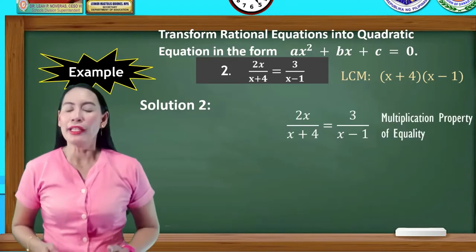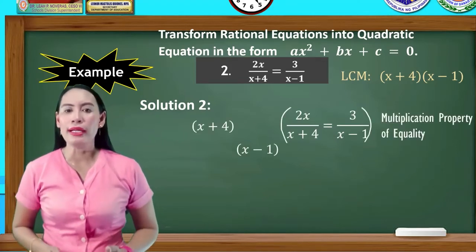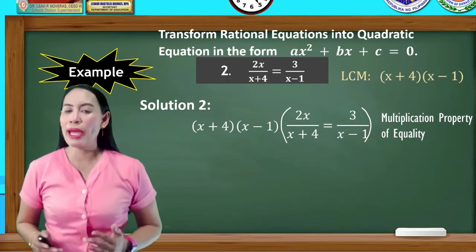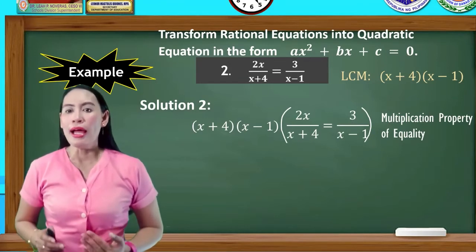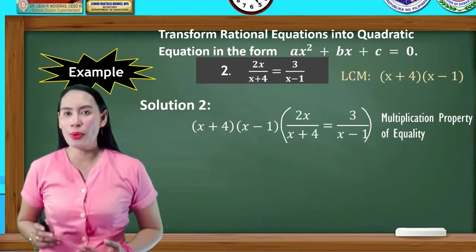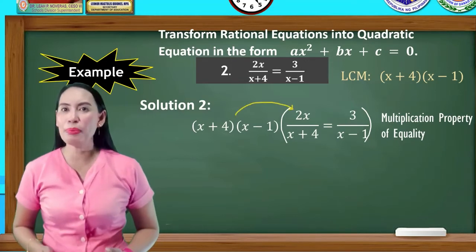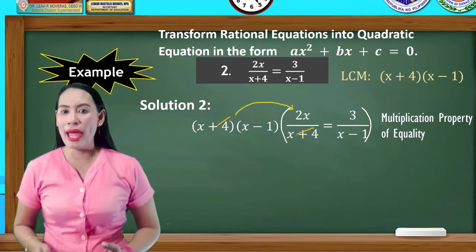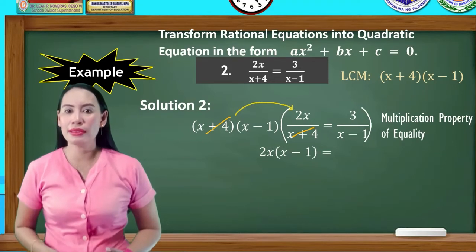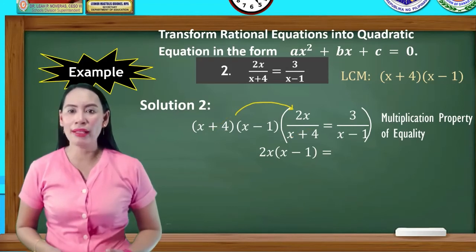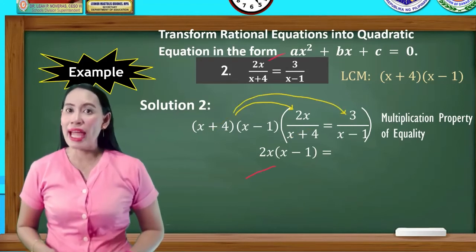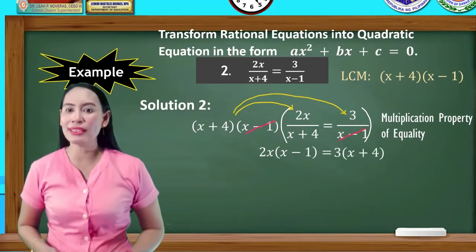We have the quantity (x plus 4) times the quantity (x minus 1) times the quantity 2x over (x plus 4) equals 3 over (x minus 1). So this is simplified to 2x times the quantity (x minus 1) equals 3 times the quantity (x plus 4).